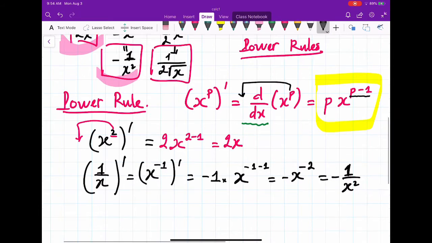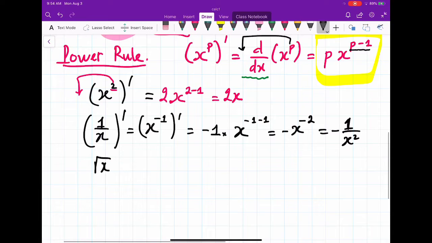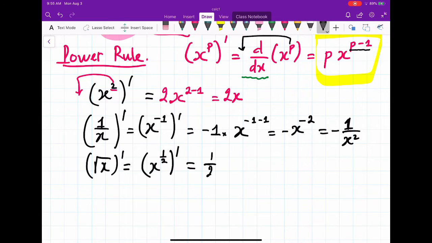And then the square root of x: the square root is x to 1/2. You bring the power 1/2 down, and then you reduce the power by 1. You get 1/2 x to negative 1/2, because 1/2 minus 1 is negative 1/2.